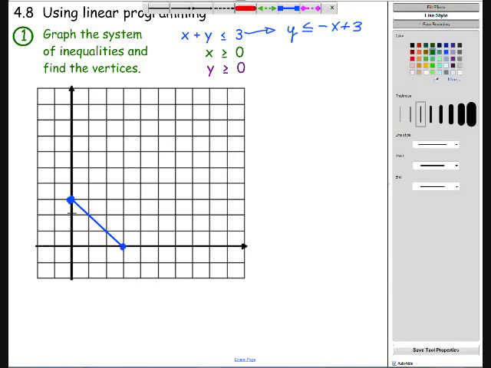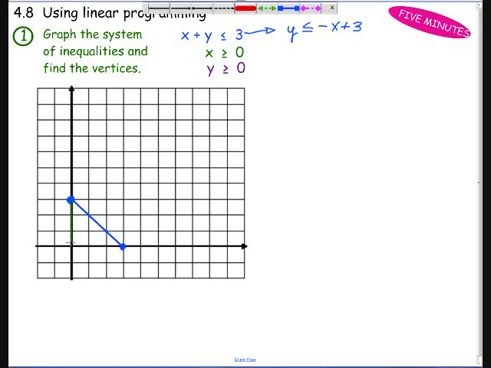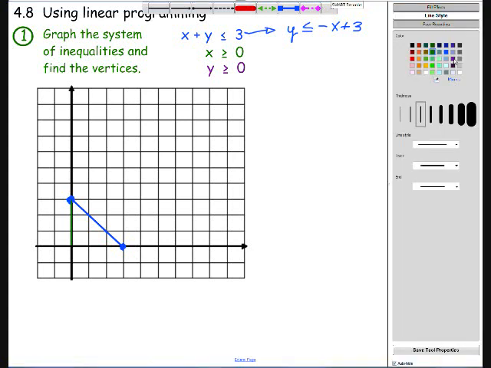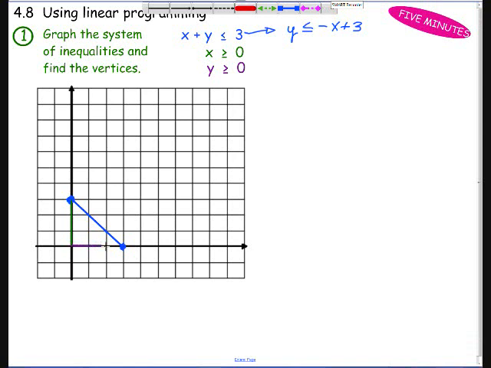Draw a green line for that. So here's x is equal to 0. And then we've got y is greater than or equal to 0. So I'm going to draw that boundary of y is equal to 0. There it is.